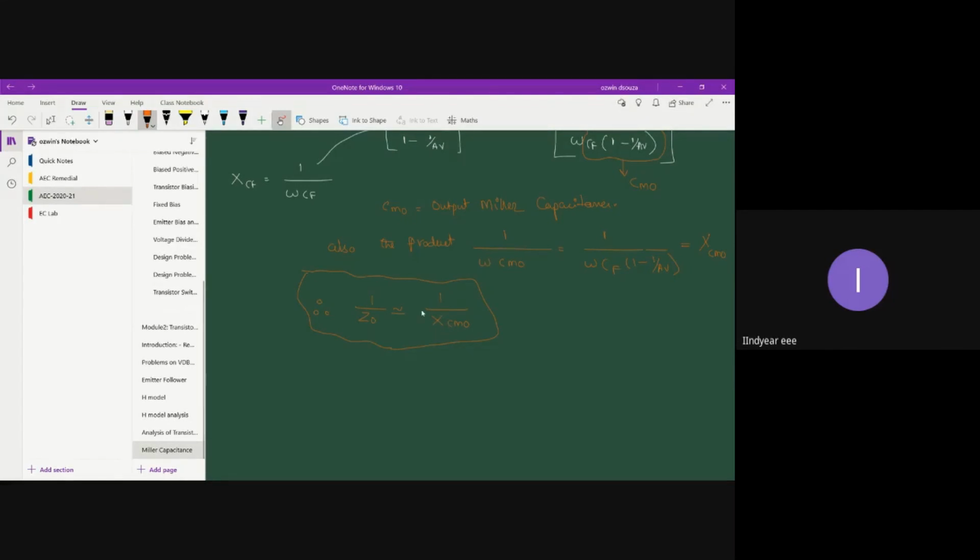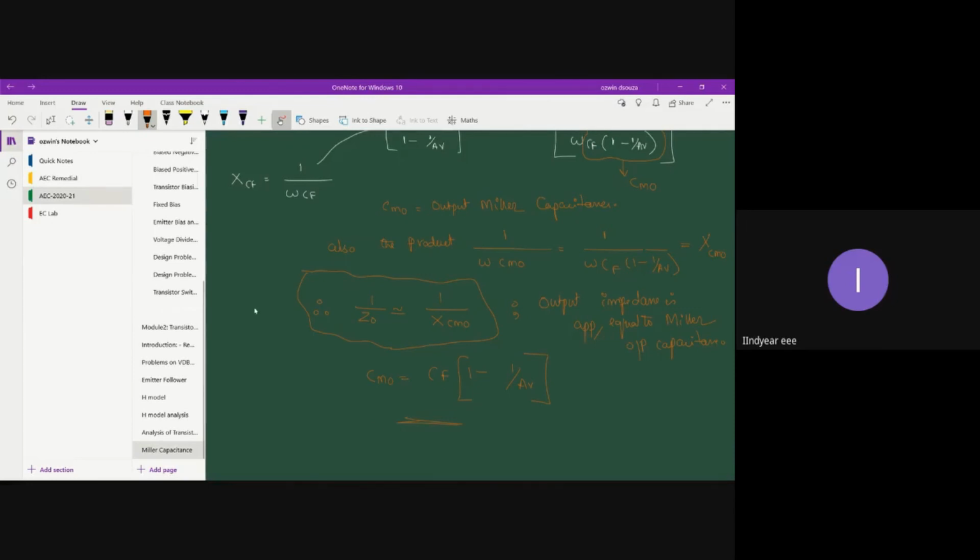So you can write CMO is equal to CF times (1 minus 1 by AV). So output impedance is approximately equal to the Miller output capacitance reactance.